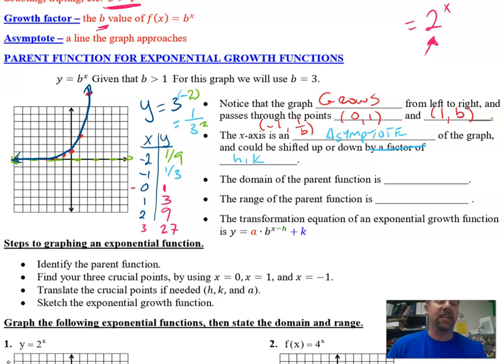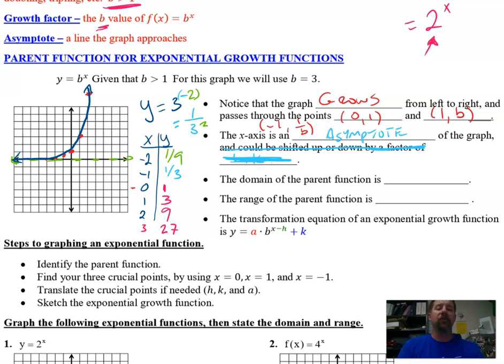We're going to get into the h and k stuff here in a little bit, and we're going to talk about how it can be vertically stretched or vertically shrunk. But in this case, we don't have any of that, so I'm just going to cross this out for right now. Just know that the x-axis is an asymptote, and we're going to be able to shift our asymptote in a little bit when we start shifting our graphs.